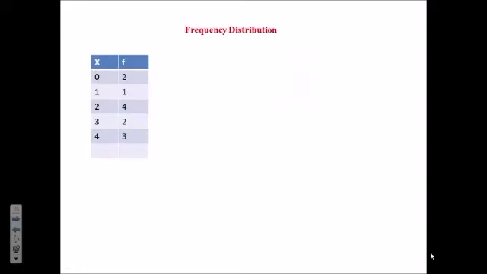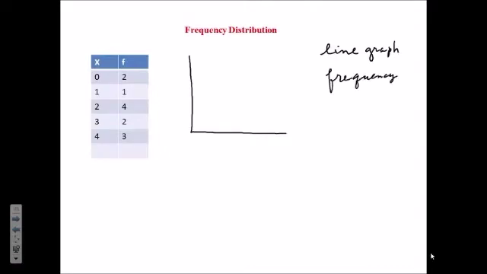We could also make, from the same data, a line graph, or it's also called a frequency polygon.